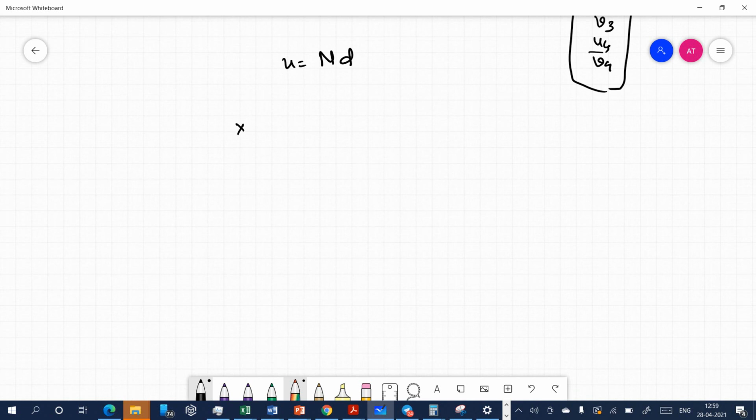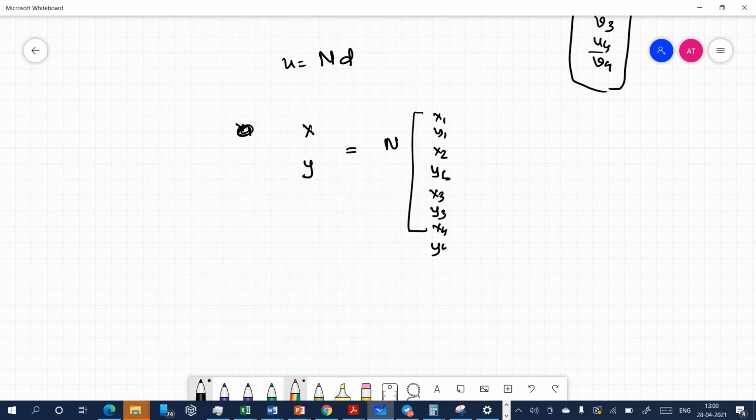We can also write coordinates x and y as N matrix into the nodal coordinate values, x1 y1, x2 y2, x3 y3, and x4 y4.